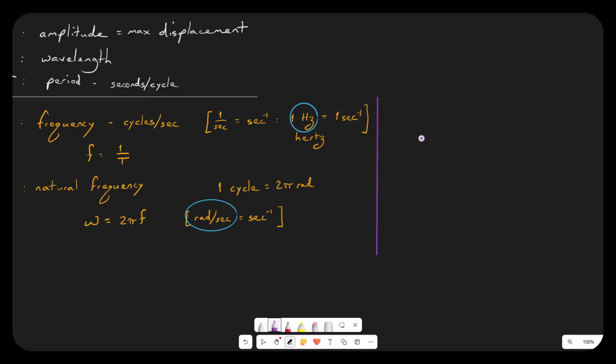So we have this quantity that we call a wave number. And that's going to be, wave number is just going to be 1 over the wavelength. And then we're going to have a natural wave number, which is just 2 pi times the regular wave number.